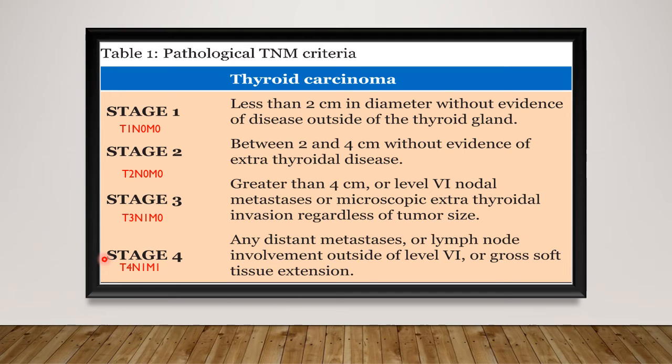And the last stage, the advanced stage, is stage 4, where there are distant metastases or lymph node involvement outside the level 6 group of lymph nodes, or gross soft tissue extension. This is your stage 4 or advanced cancer. It is very obvious that stage 1 and stage 2 are considered early cancers, whereas stage 4 is considered advanced or late cancer, and stage 3 is intermediate.